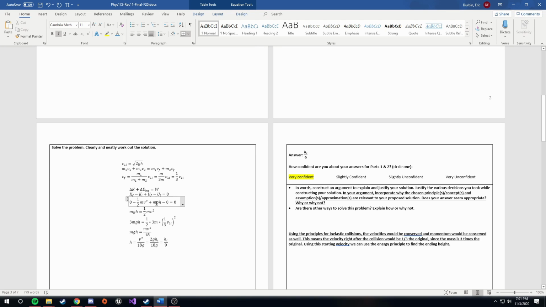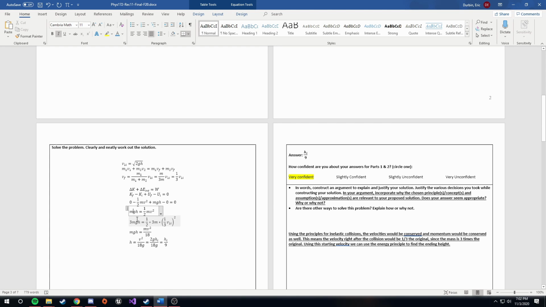The final potential energy is mgh because it's all gravitational. The initial gravitational potential energy is 0 because it's at the very bottom. We've done this sort of problem a lot of times. So solving, we get that the gravitational potential equals the kinetic energy, and substituting everything in.